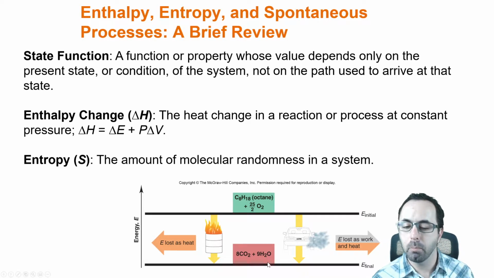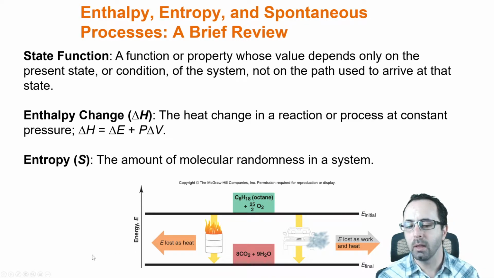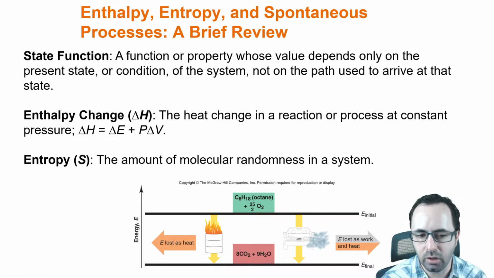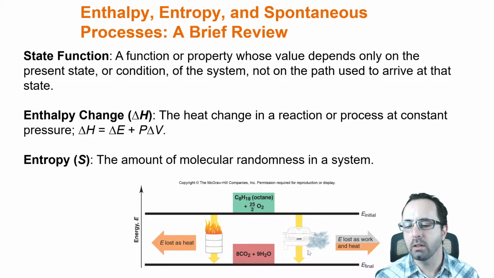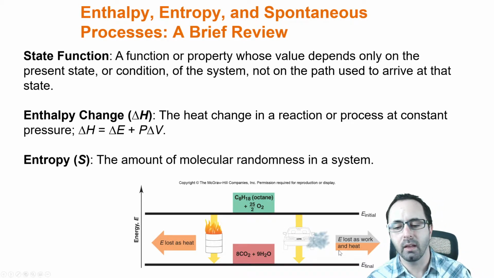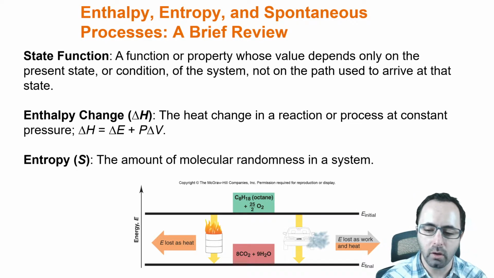But what happens when you burn them depends on the way in which you burn them. If you burn this gasoline in a barrel like this, all of this energy will be given off as heat energy here. However, if you burn the gasoline in your car engine, some will be lost as heat, but some of that energy will be used as work to move your car.